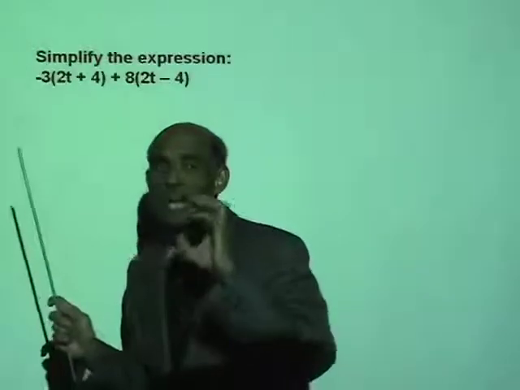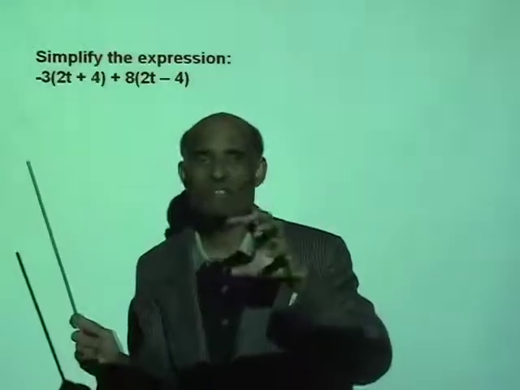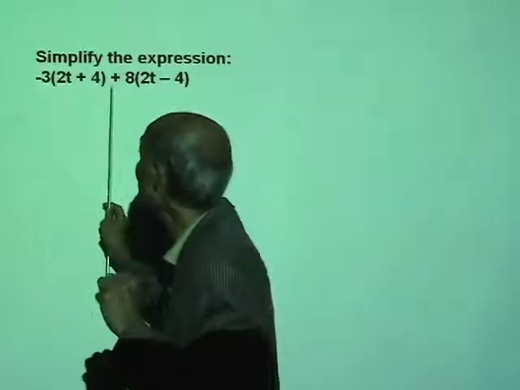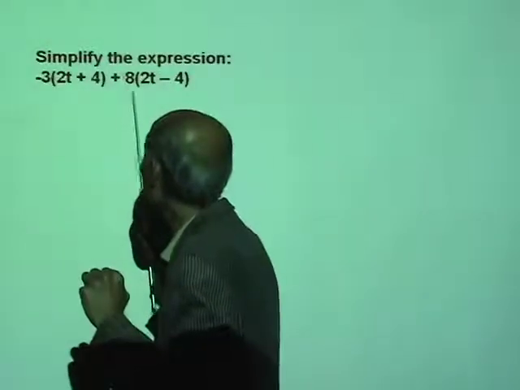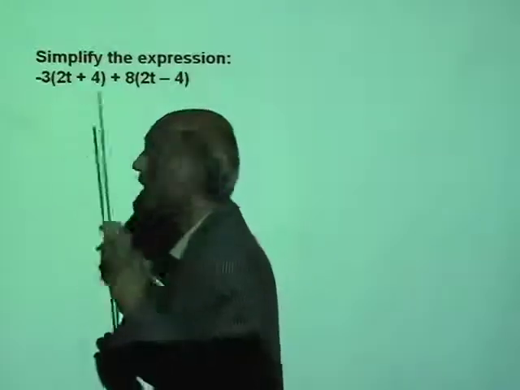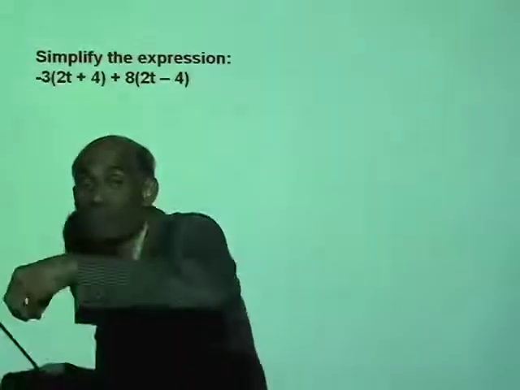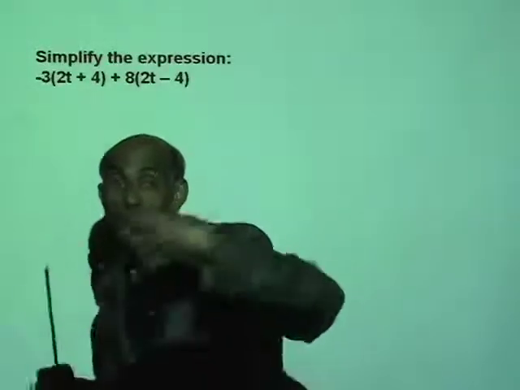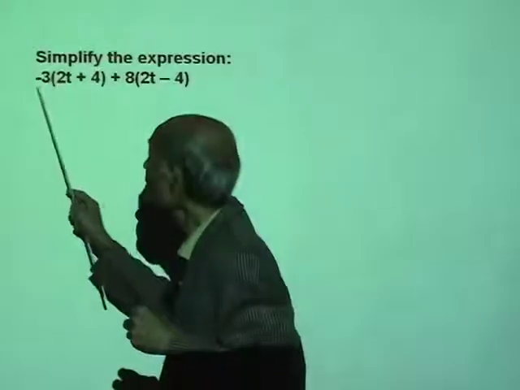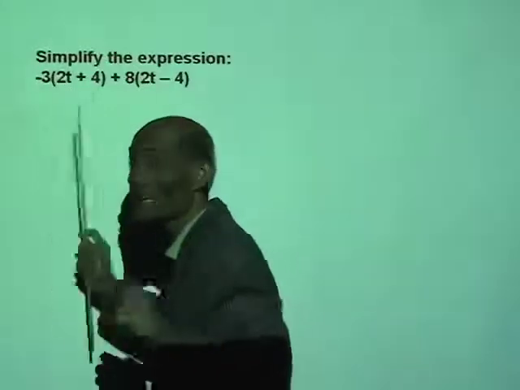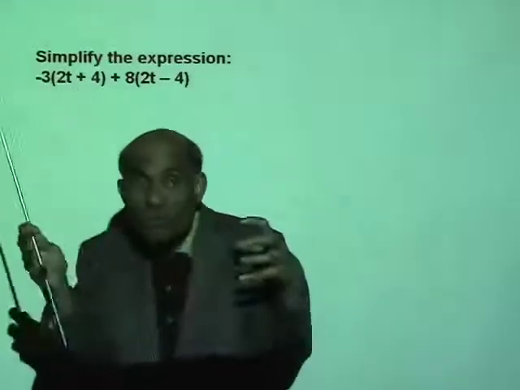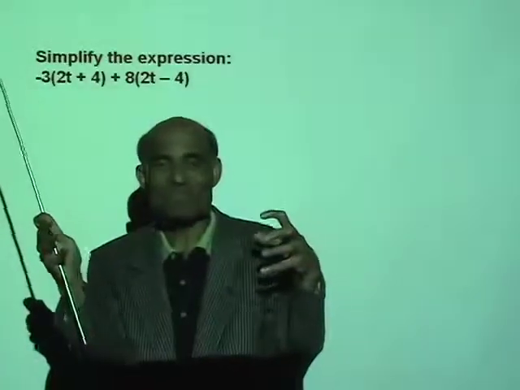Now, how many terms are there for this expression? This is one term, and this is another term. And when you distribute, you're going to get more terms. You see, this single term, when you distribute the negative 3, it is going to become two separate terms.